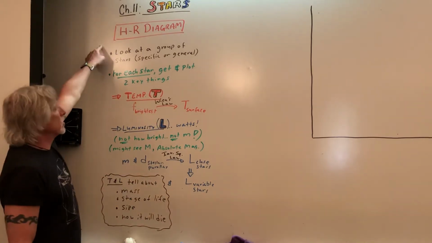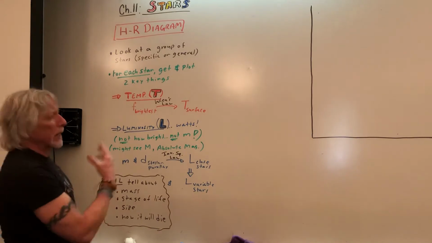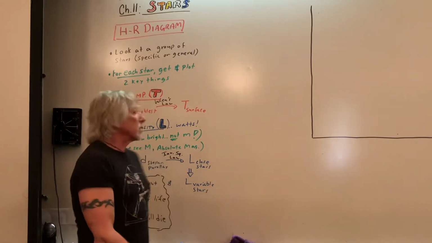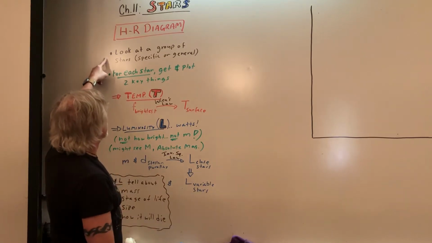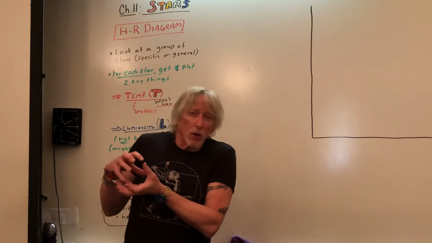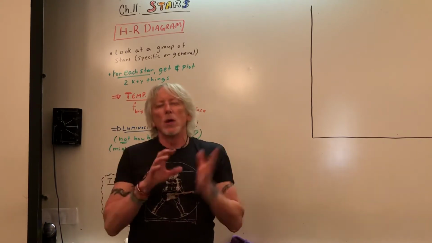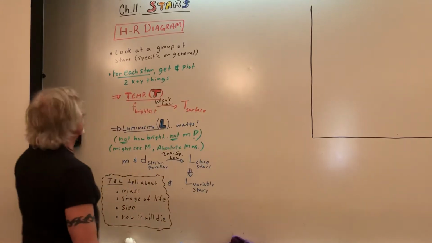Anyway, the HR diagram, we said last time in that short little video, we want to organize all that information that we've gathered by breaking down the laws of light. So we can look at a group of stars, and there can be a specific group like Pleiades star cluster or whatever, or just in general, what do we expect? So we're going to look at in general, what do we see?